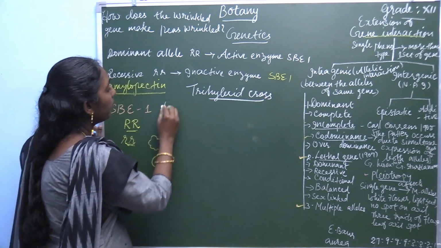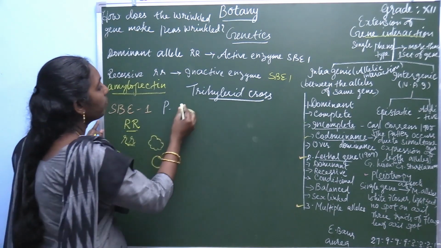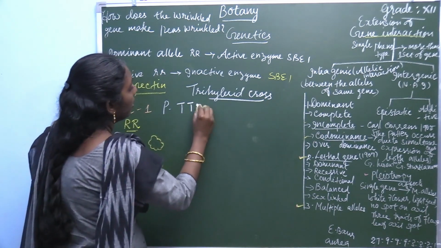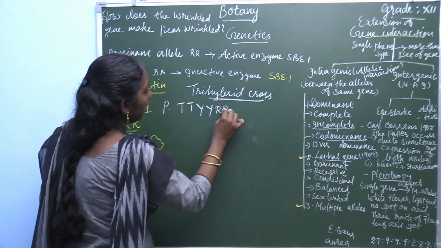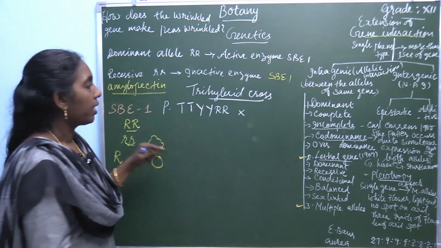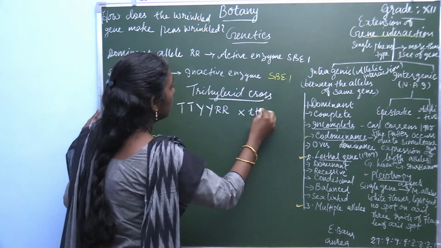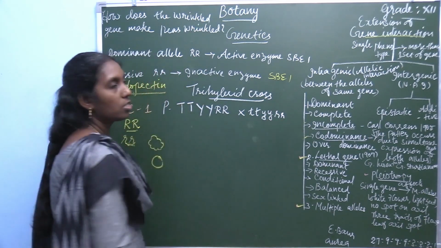For example, the parent has three pairs of contrasting characters taken as tall, capital T, yellow, capital Y, round, capital R, crossed with another homozygous parent, small t, small y, small r.